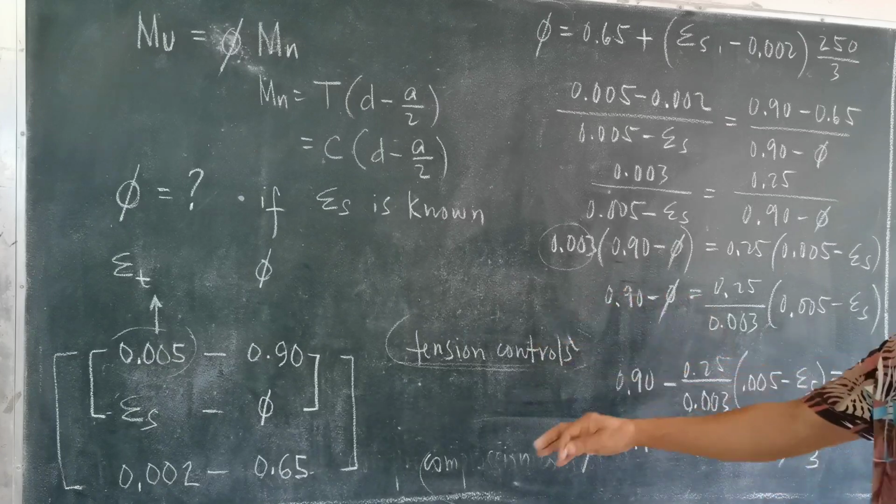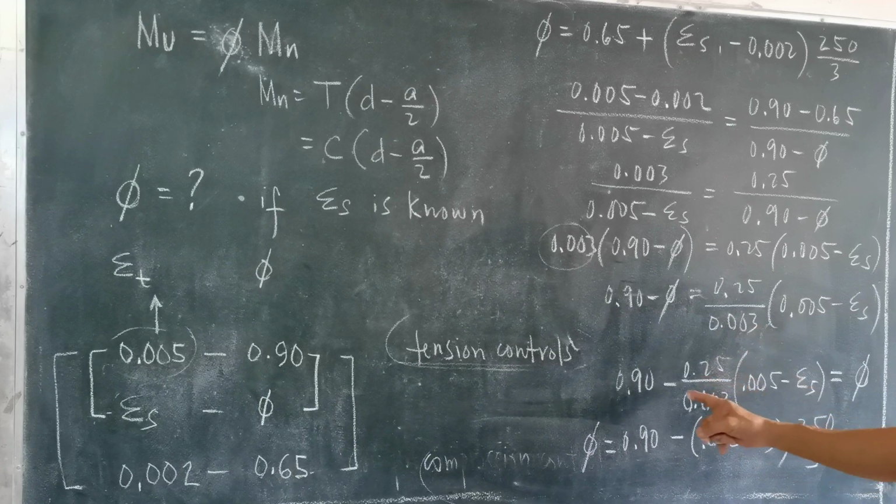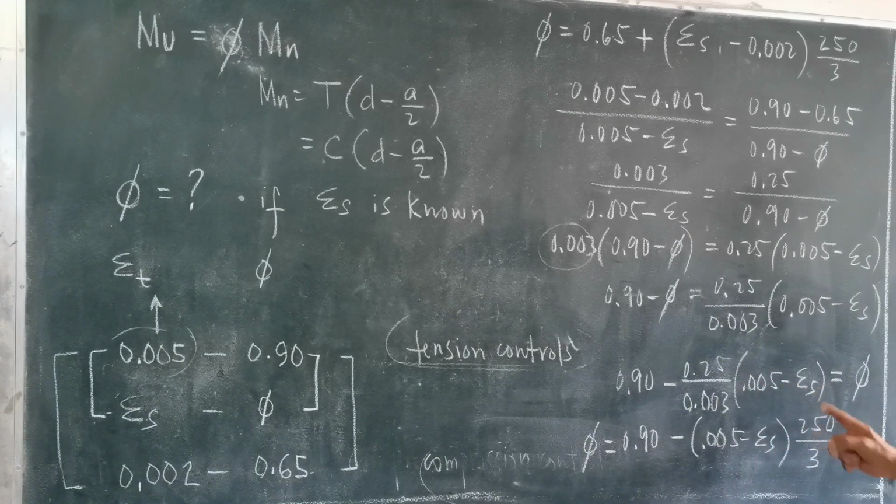What remains on the left side is 0.9, and we transpose this to the left side, so it becomes negative 0.25 over 0.003 times the quantity 0.005 minus the strain in the steel.